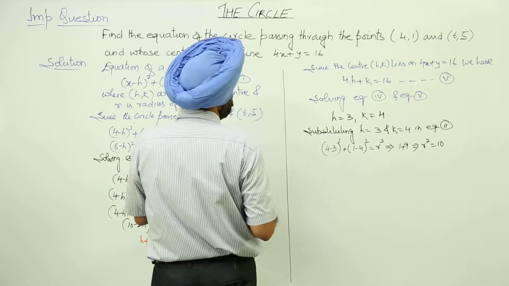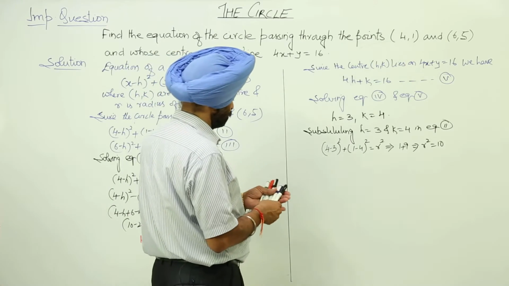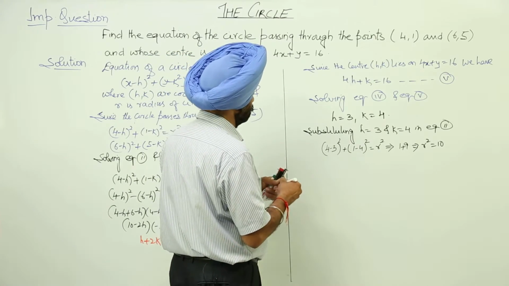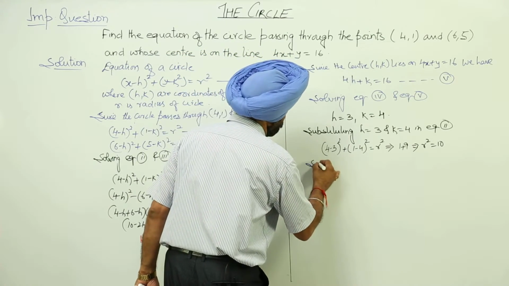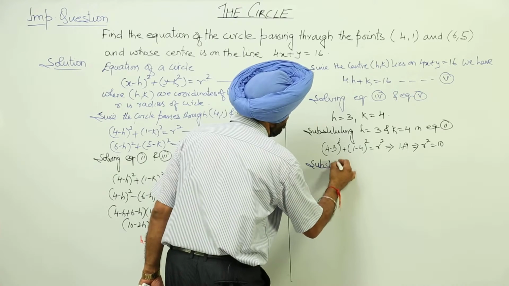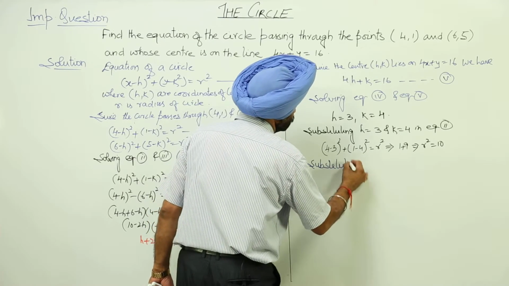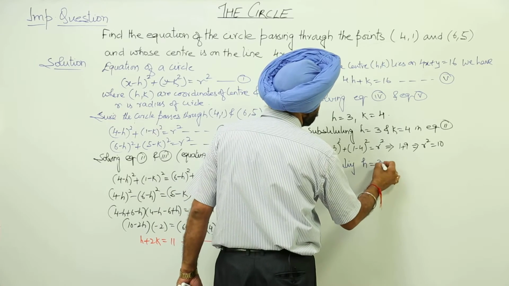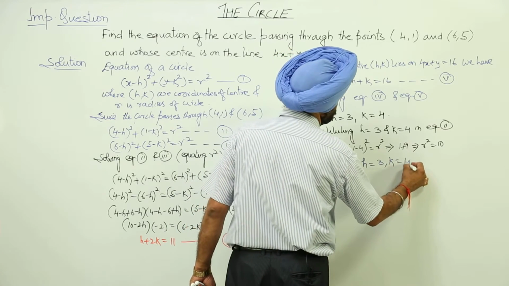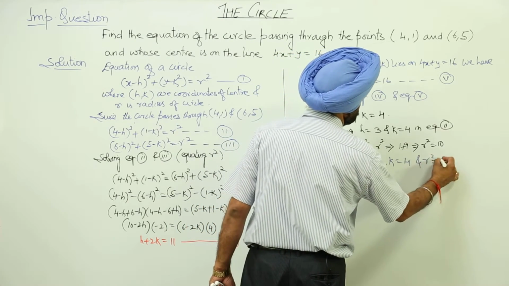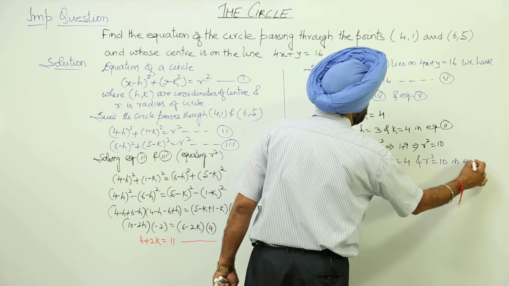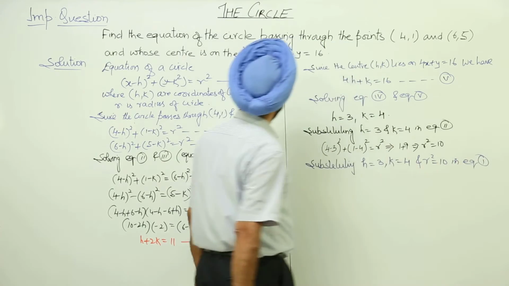Now the final thing is, substituting h = 3, k = 4 and r² = 10 in equation 1.